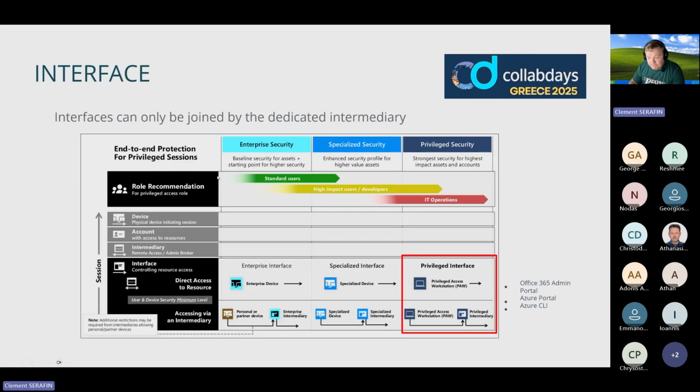The interface is basically the portals. We will make some restrictions on the portals. Why do I say that? Because currently you have some people who can still access admin.microsoft.com because you didn't restrict the URL to only the people who are allowed.